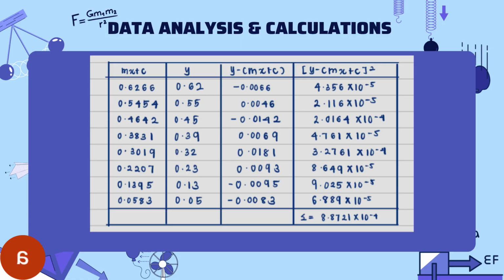We do the least square method, and we need to define the uncertainty for CO2, which is uncertainty of the gradient and uncertainty of the y-intercept. So we just calculate as usual using the same formula given, and then we get these values.